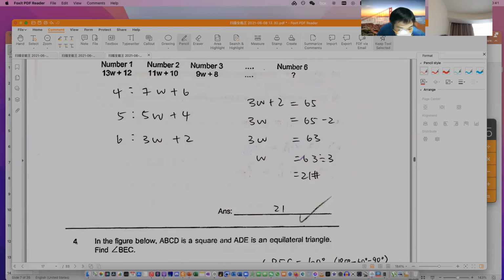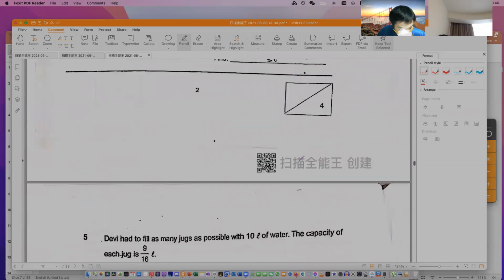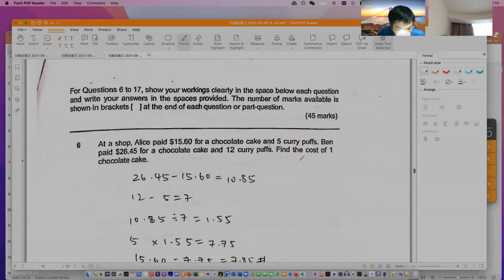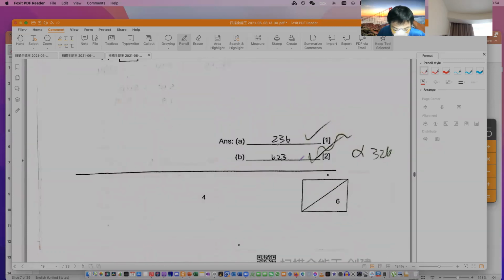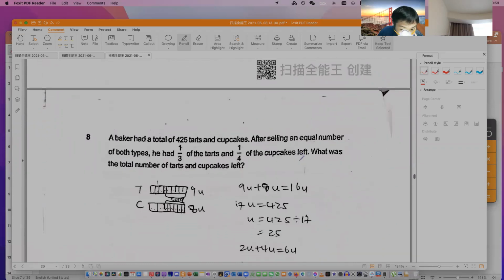Next. This one's good. Question 5, 6, 7, 8. So once again, this one is a transaction question.